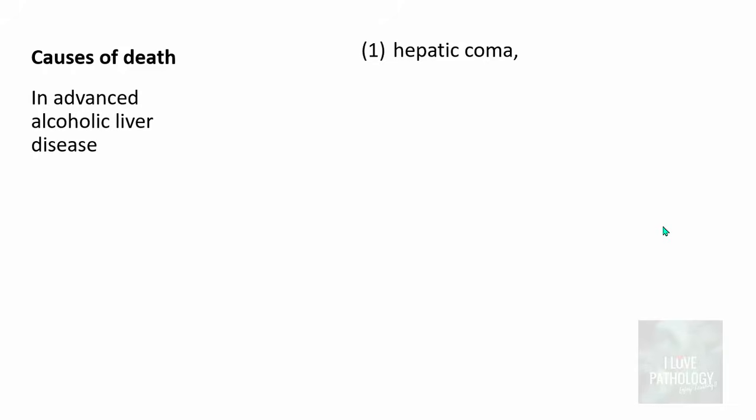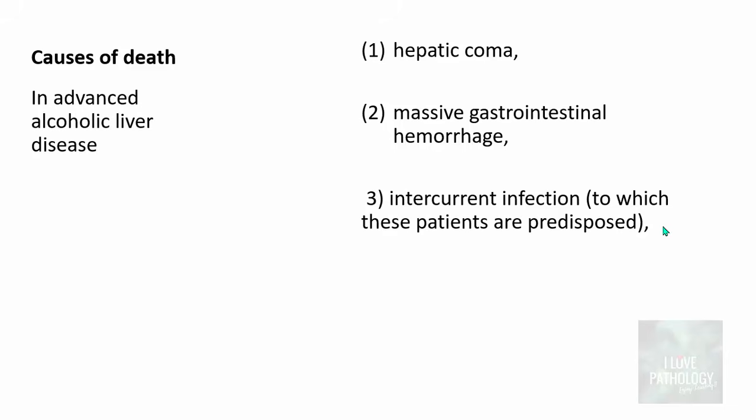Now, what are the causes of death in advanced cases of alcoholic liver disease? It includes hepatic coma, massive gastrointestinal hemorrhage, as I told you, from rupture of esophageal varices, and thirdly, intercurrent infection. These cirrhotic patients are more prone to the development of infections.